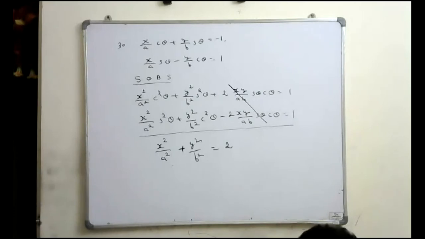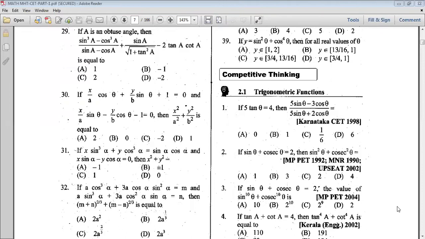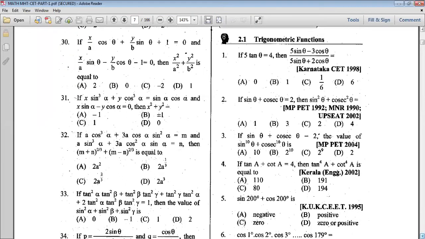Okay. Next, look at the next problem. Observe this problem number 30 first.